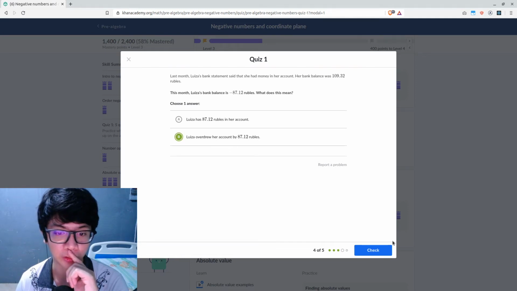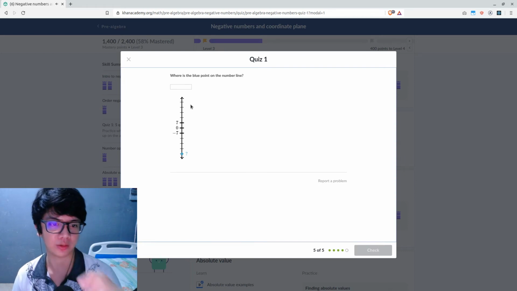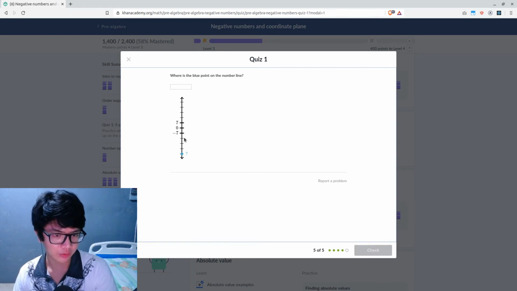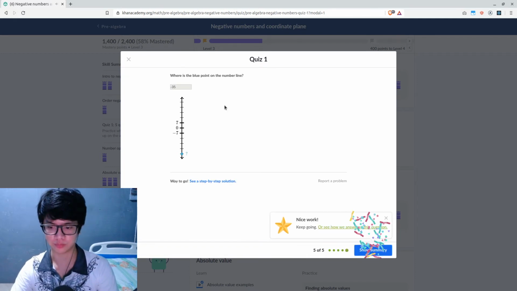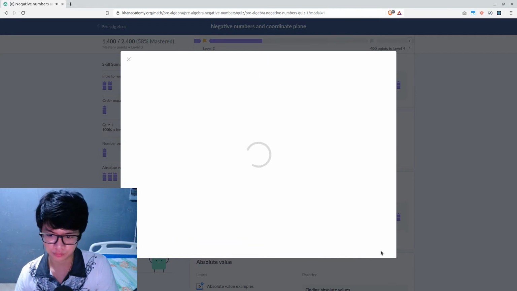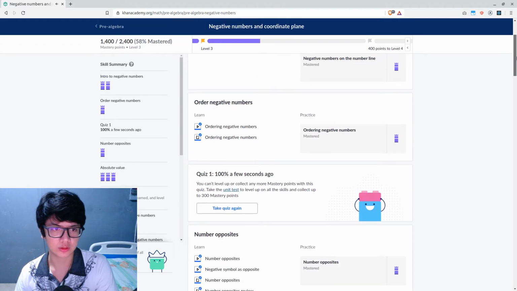Oh, overdrew. Okay. Where is the blue point on the number line? 7, 14, 21, 28, 35. Negative 35. Okay, so it's done.